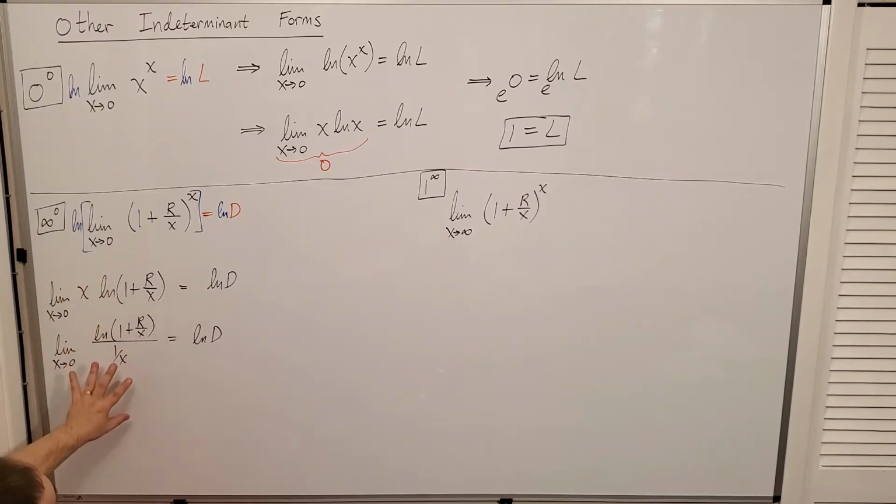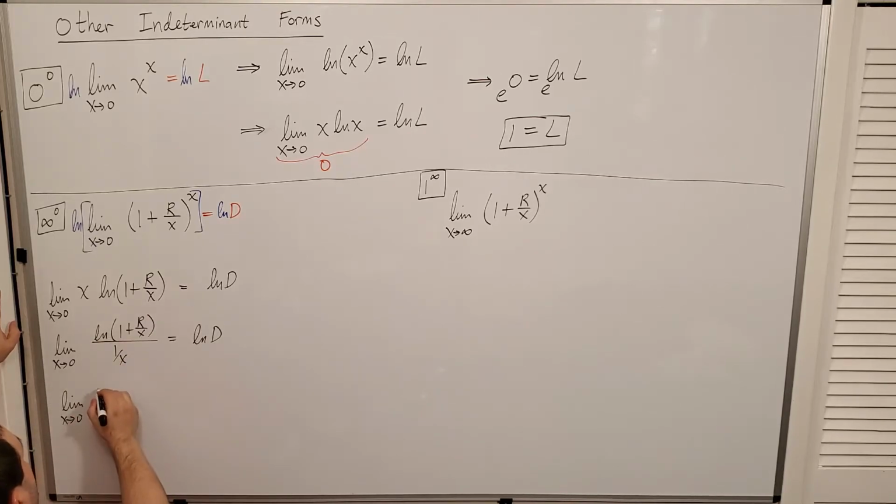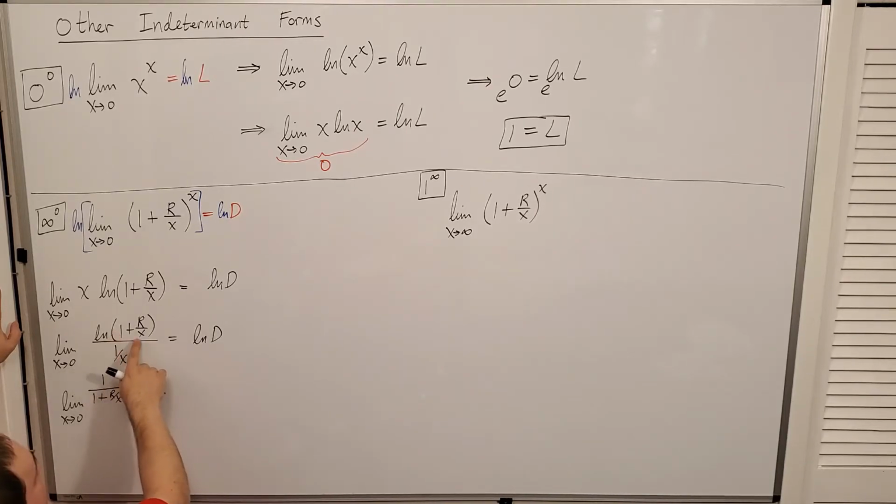I've just had to manipulate it a little bit, and I can perform L'Hopital's rule on this, which means I'm going to take the derivative of the top, which means I'll have 1 over 1 plus r over x. Derivative of a logarithm is 1 over the inside, times the derivative of the inside, which is going to be negative r over x squared, because the derivative of 1 is 0, and this is technically x to the negative 1.